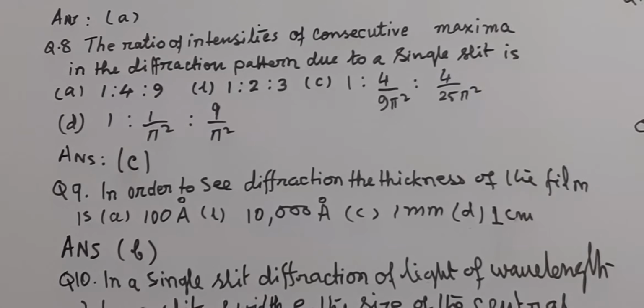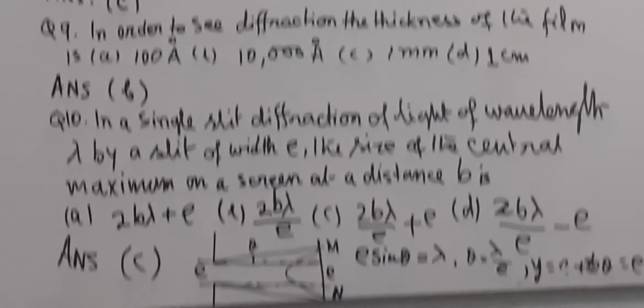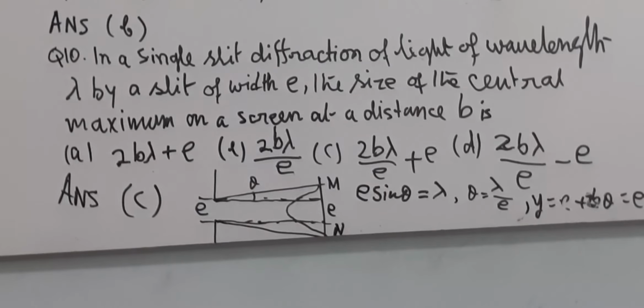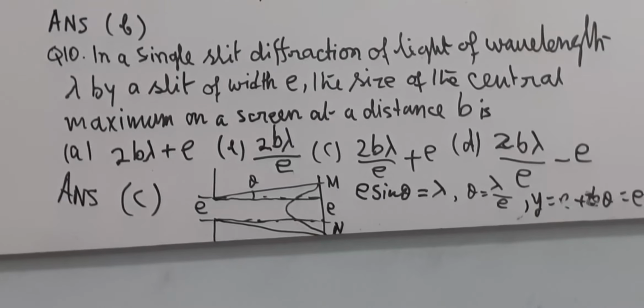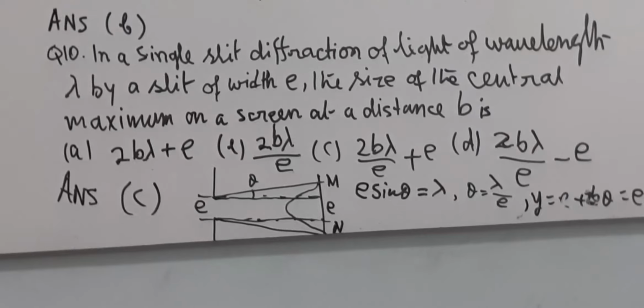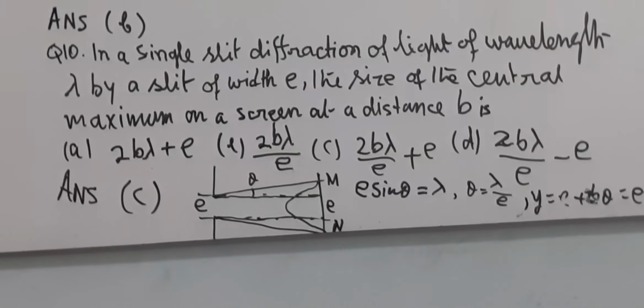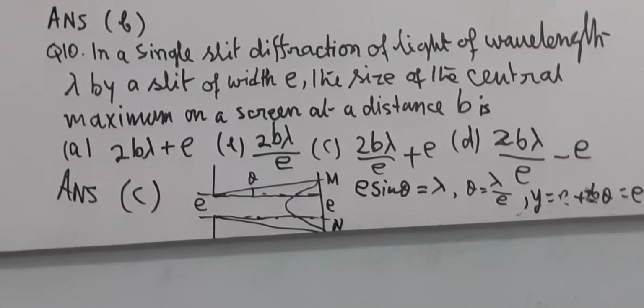Now come to question number 10. In a single slit diffraction of light of wavelength lambda by a slit of width E, the size of the central maxima on a screen at a distance B is... There are 4 choices.